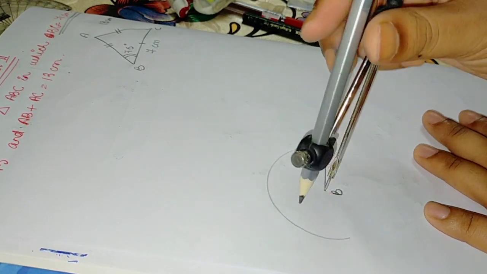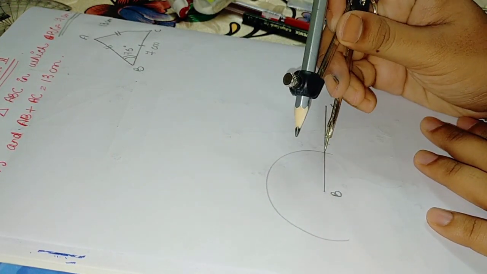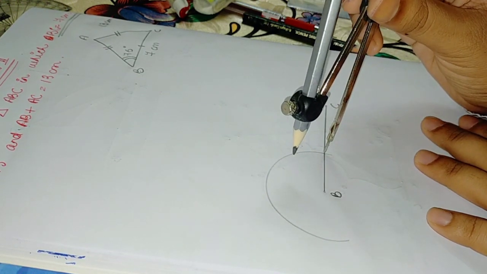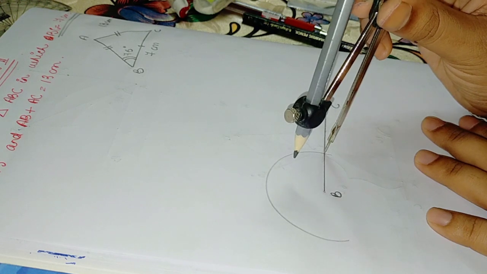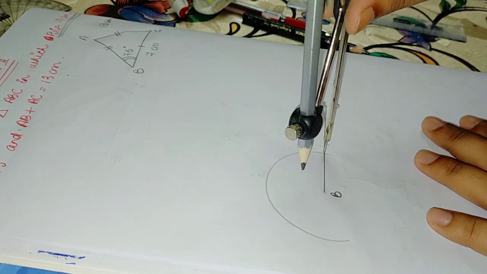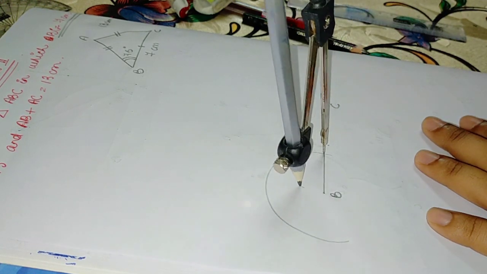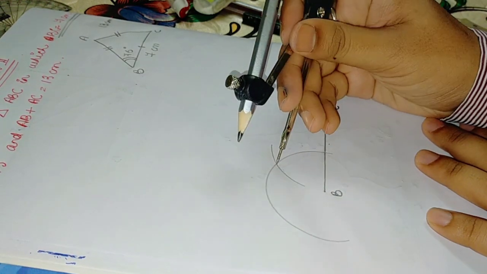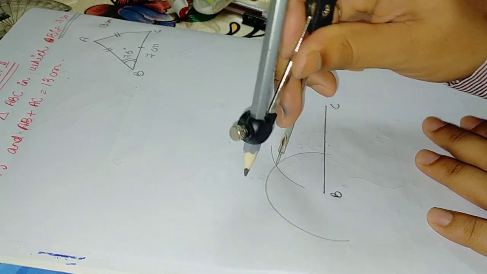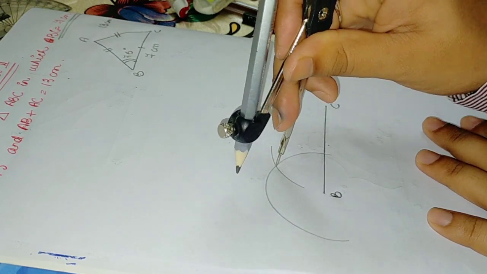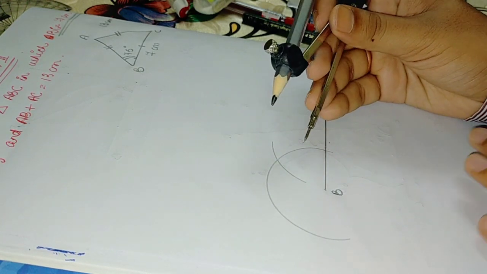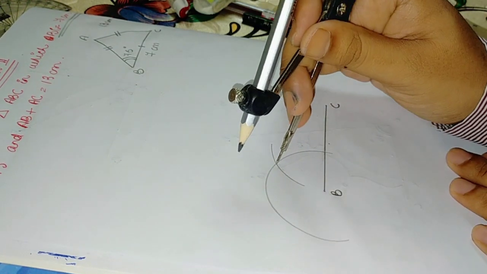First I will draw an arc, then without changing the radius we will draw another arc from the point of intersection between the arc and the line segment BC. I have drawn it, and hence this point. If I join this point with B, I will get a 60 degree angle. Now we don't want a 60 degree angle.